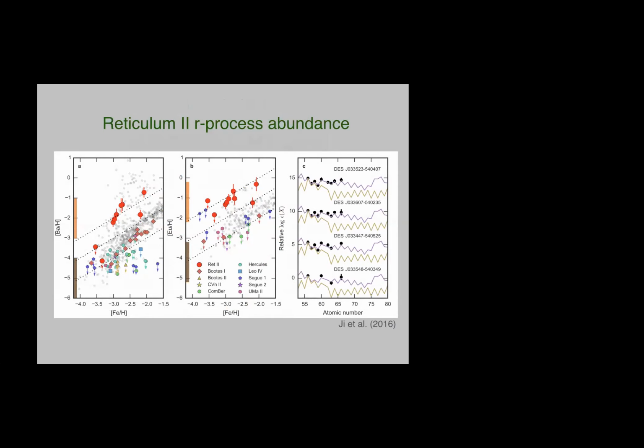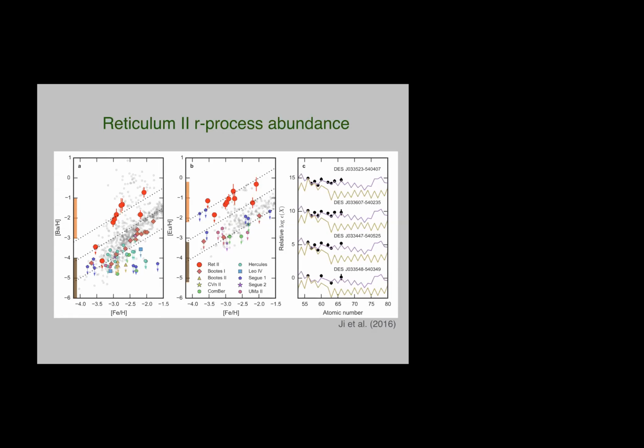There are 2 stars shown with downward arrows, which are upper limits. The other colored points in this plot are all upper limits, and these belong to other ultra-faint dwarf systems in the galaxy. So we have upper limits for the rest of the systems, and there's only this galaxy, and recently Tucana 3, that has also been observed to be R process enriched.